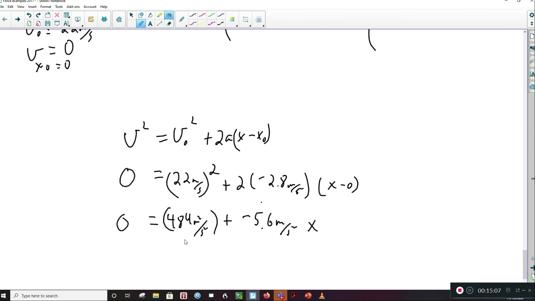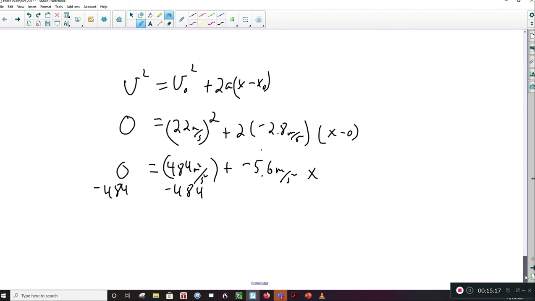So I'm going to have to subtract 484 from both sides to solve this. So now I have negative 484 meters squared per second squared is equal to negative 5.6 meters per second squared times x.